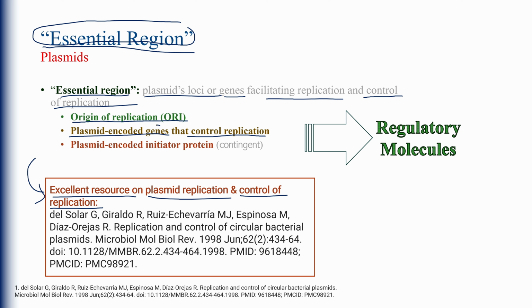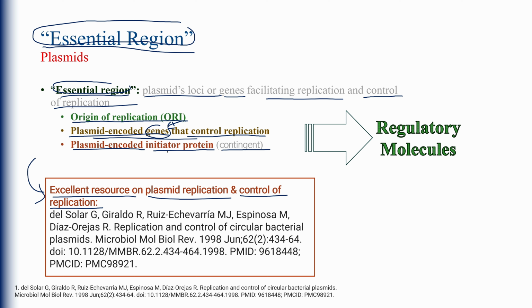So this is by necessity a vague discussion here. Remember, the term gene was classically used to discuss sequences that will produce a protein product. The term gene has evolved from that narrow definition. So in addition, a plasmid encoded initiator protein would be part of the essential region, but you should recognize that this is contingent.